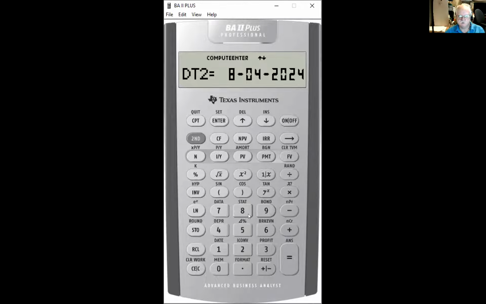And the second date we're looking at is September. So September is the 9th month. Let me know if I get these months wrong. And it's the 30th day. And it's still 2021. So enter and down. And we go compute. And there's our 213 days.